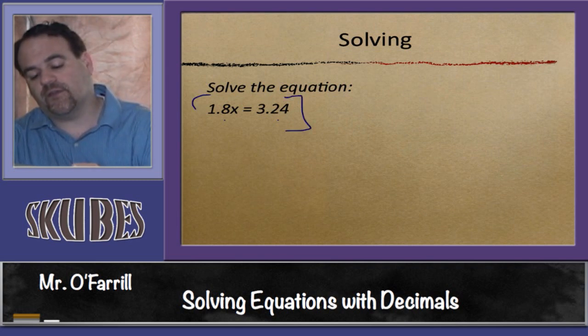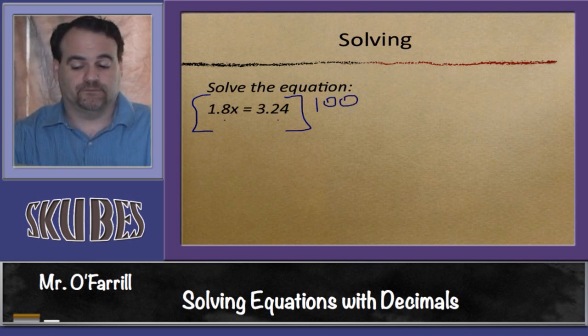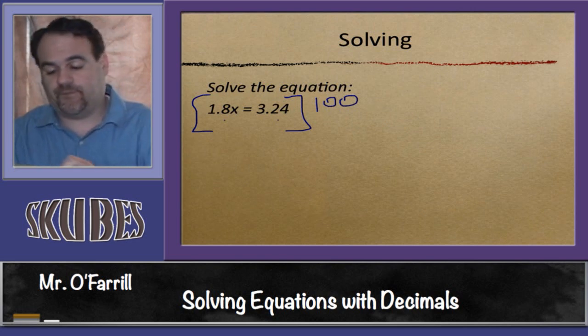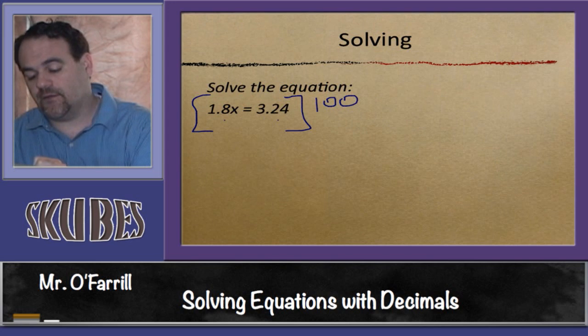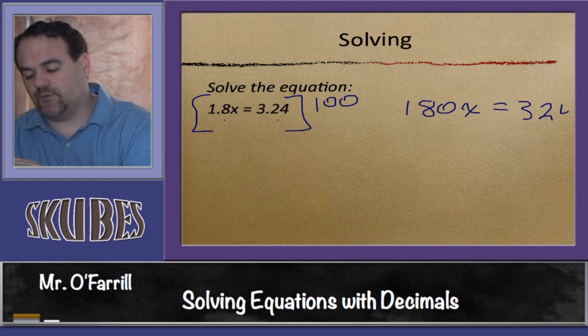We're going to multiply everything by 100. That's going to allow us to move the decimal point 2 places to the right. 1.8 becomes 180x equals 324.